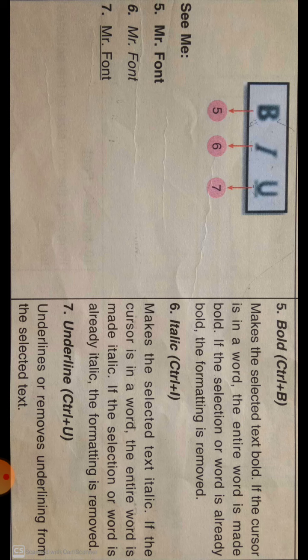Tool 7, underline. The shortcut key of this tool is Ctrl U. Underlines or removes underlines from the selected text.